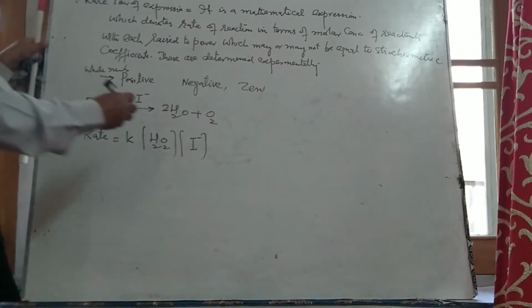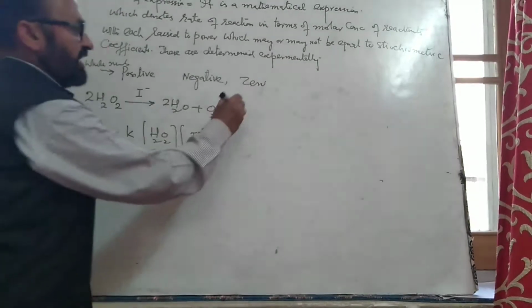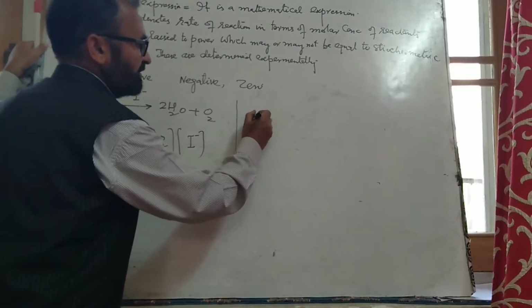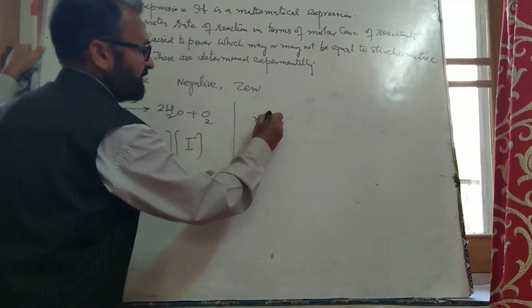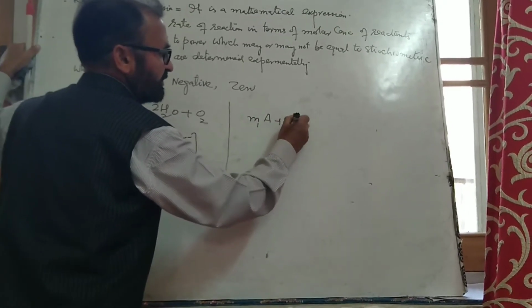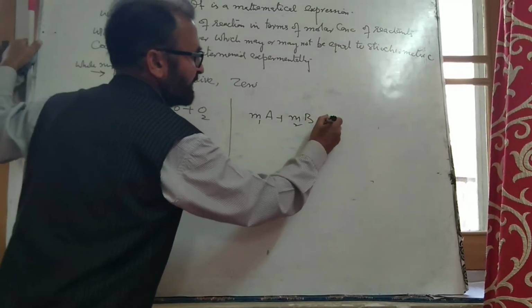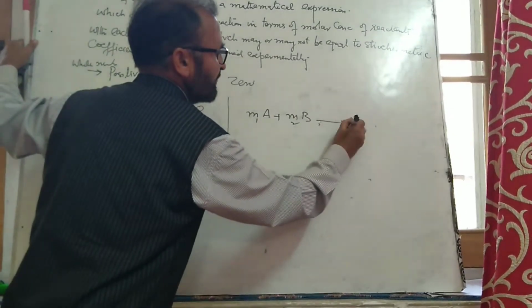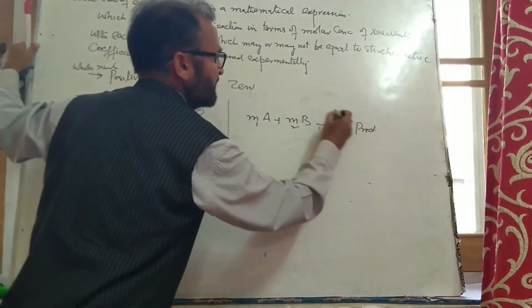Or we can write for a general equation: m1 A plus m2 B gives products, where C is the catalyst.